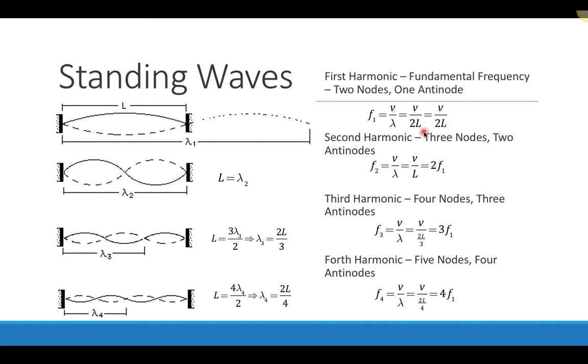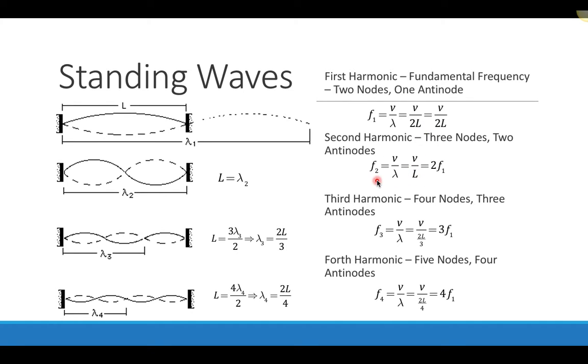Part of the reason for going through this is so that we can see how these different frequencies are related to one another. So if I wanted to get the second harmonic, I realize that now I have one whole wavelength taking up the space of the length of the string. So for the frequency of the second harmonic, the frequency I would have to use is dependent on the speed of the wave and the wavelength, but my wavelength is now the length of the string.